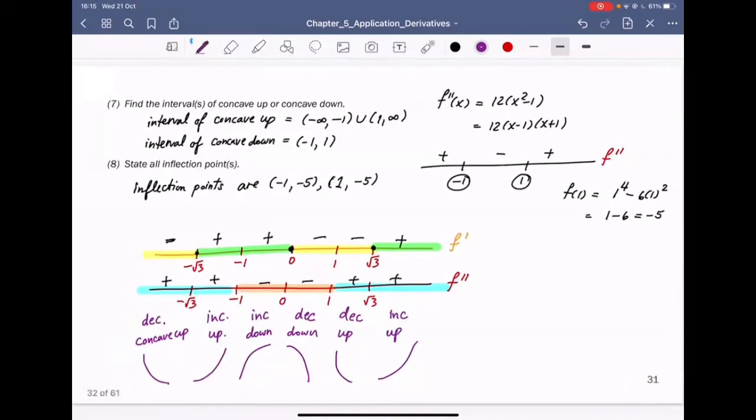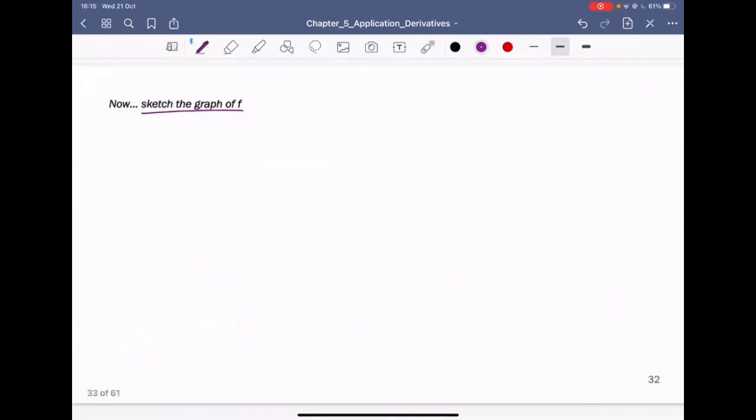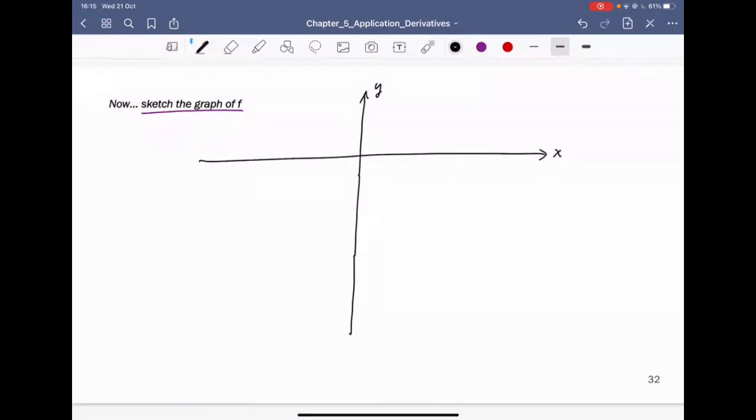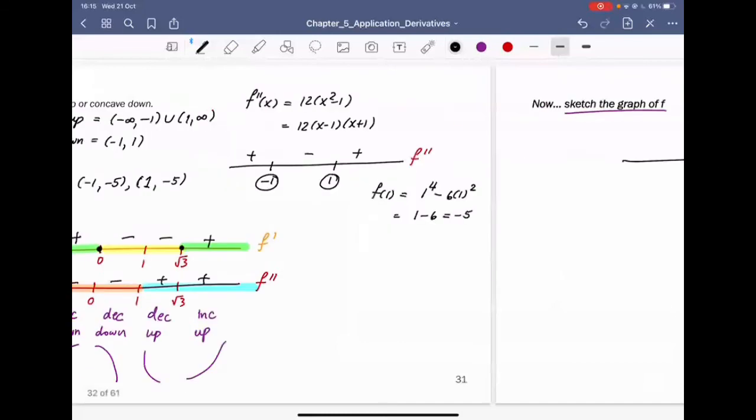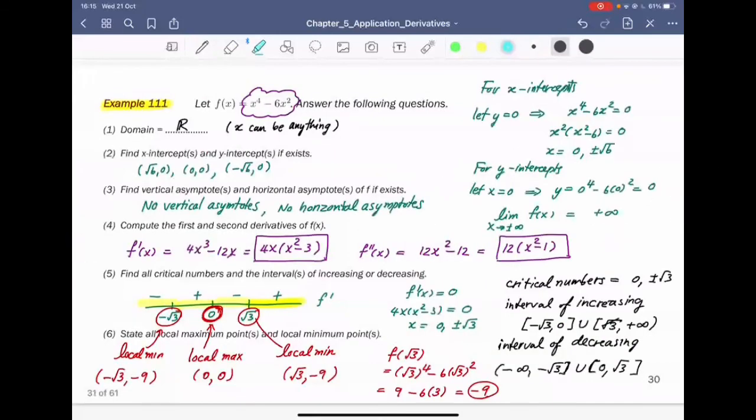All right, so let's look at that. When you put everything together, I'm going to draw the axes first. Oops, sorry. Y, X. First we're going to put the intercepts. My intercepts are 0, square root 6, and negative square root 6.